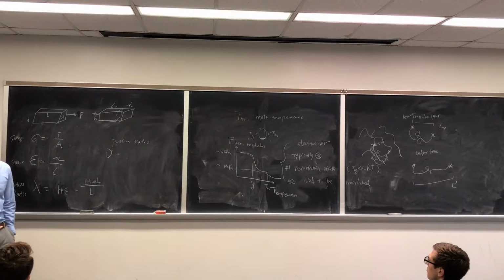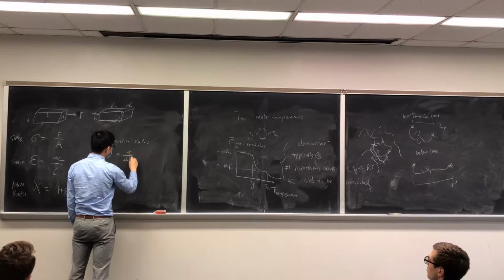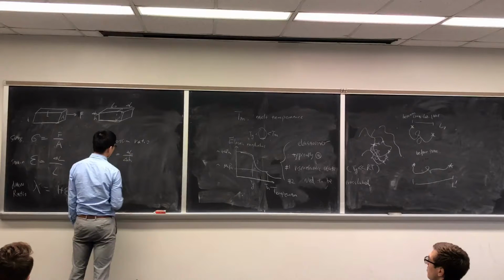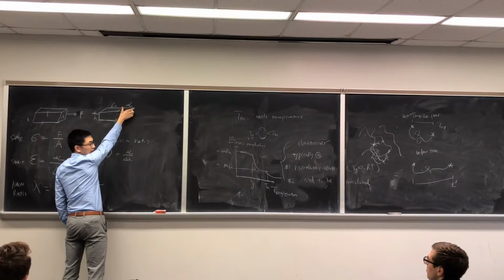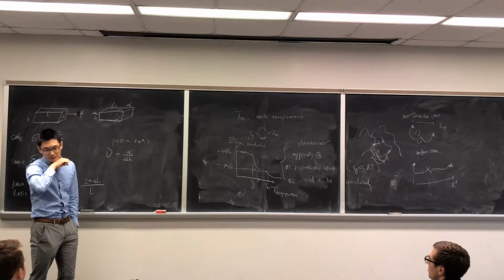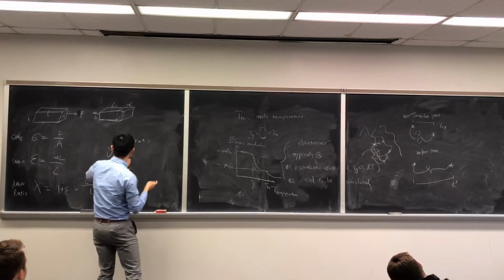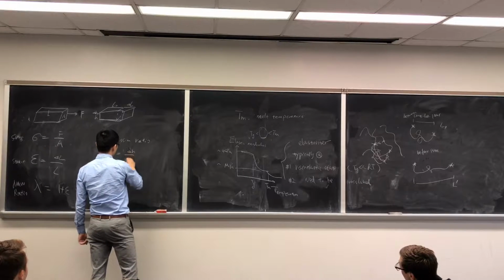That is delta L, so the deformation along the axis versus deformation perpendicular to that. So the typical Poisson ratio, no, it's the other way around. Delta H divided by delta L.